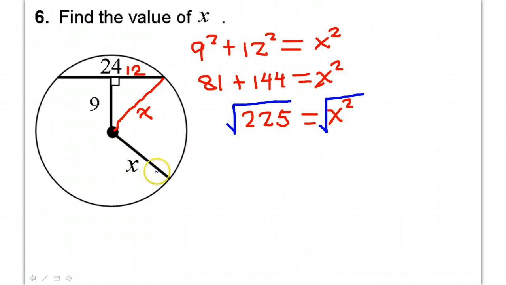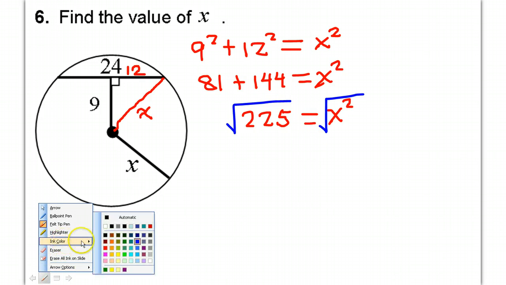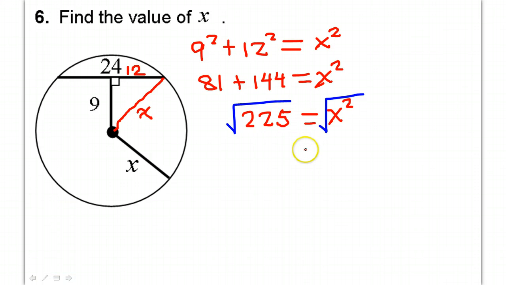But since x represents a length, and we know that lengths cannot be negative, we'll just go with the positive version. And you probably know that the square root of 225 is 15. So that means x must be 15. So that's the answer.